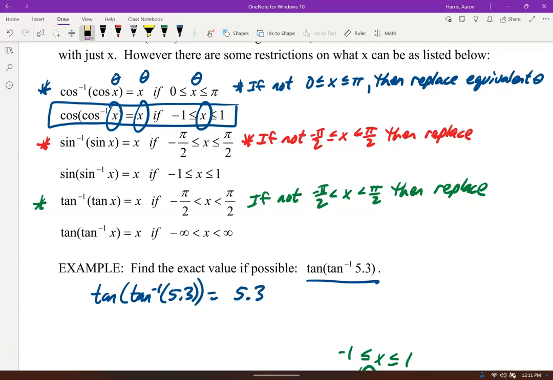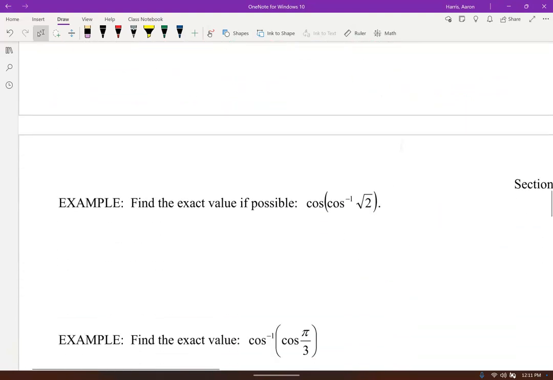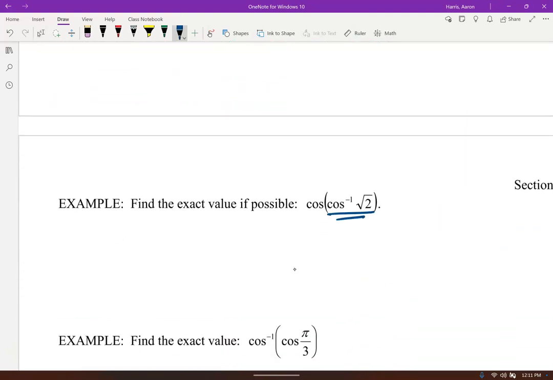So it's bigger than that. There's no caveat. It just says, well, you can't do that. You can't even find the arc cosine of root 2. So it's not in between there. So you just say no solution.